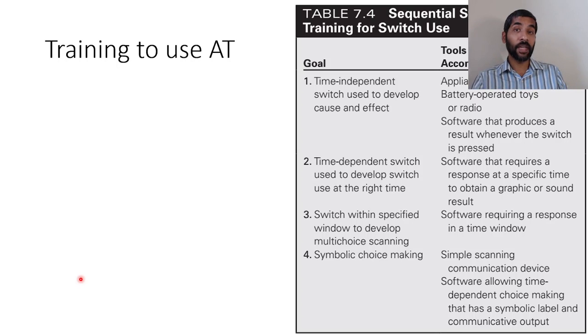Maybe you want many more functions to be done, and for example, you could have a time dependent switch, right? So how long you press the switch depends on what activity you get to do. Or you could press the switch for a very short duration of time, tap it to move across the selection set.